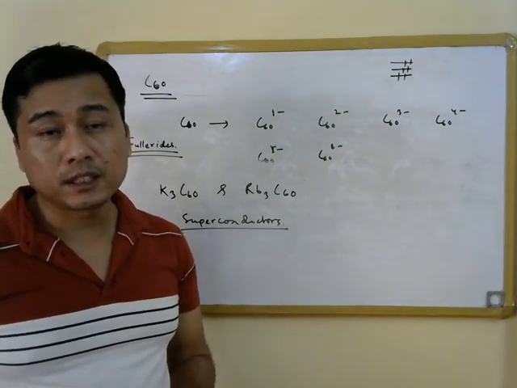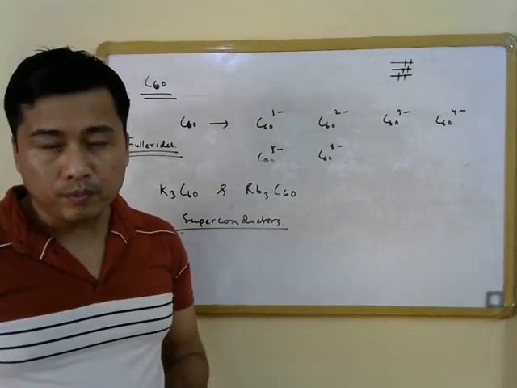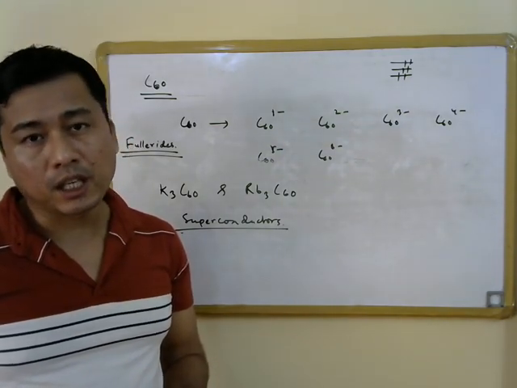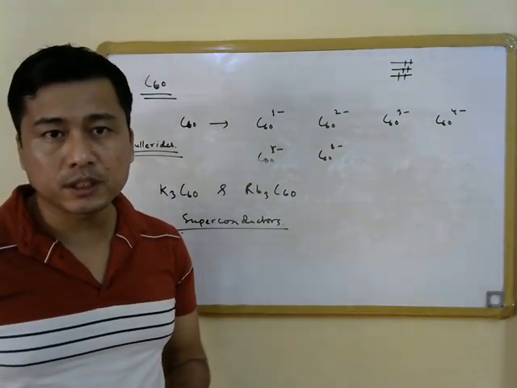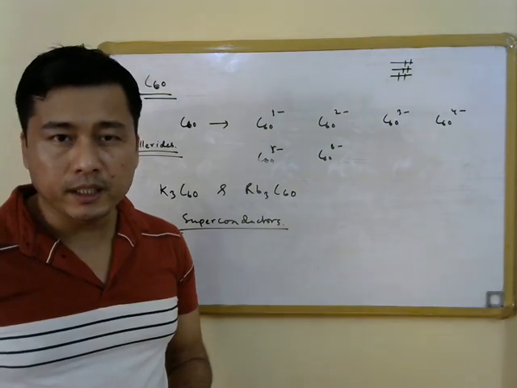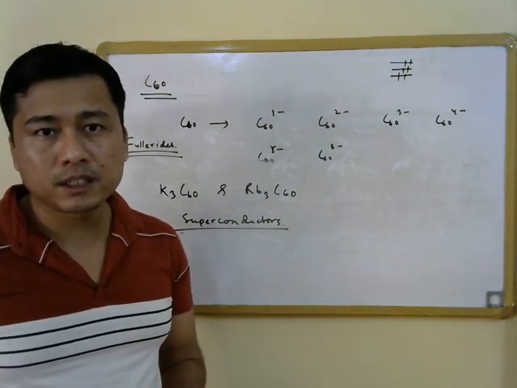We can also do fluorination under harsh conditions: when we treat C60 with fluorine under UV light irradiation and at 250 degrees Celsius, we isolate C60F48 as the major product.